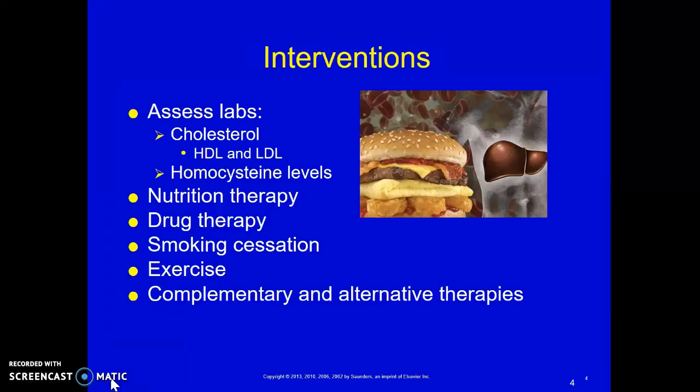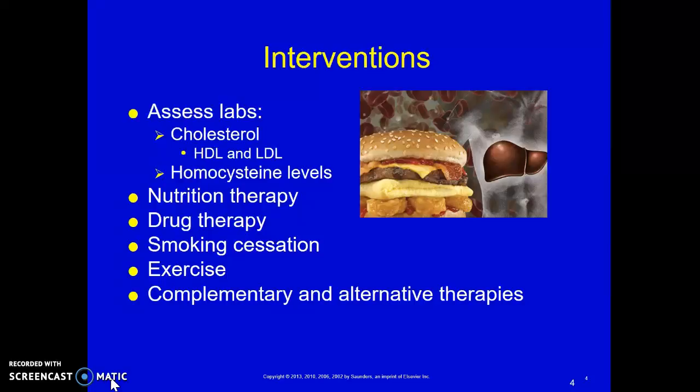Key things that you're looking at with high cholesterol or high lipids, meaning either cholesterol or triglycerides as well. With patients that have the symptoms for atherosclerosis, you're wanting to look at their labs and see what their cholesterol is, and whether they have high density lipoproteins or low density lipoproteins.